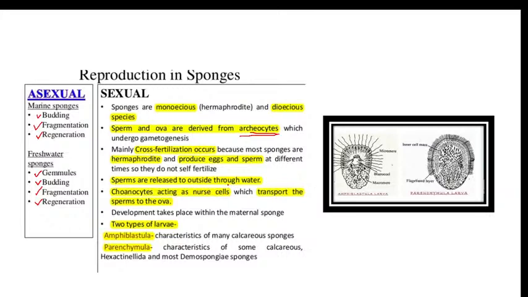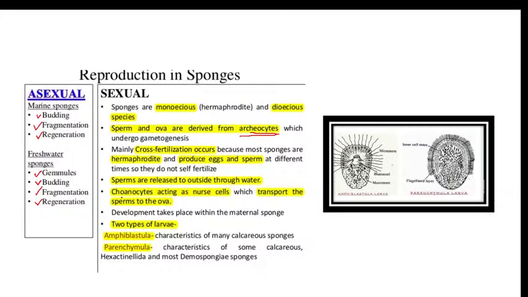As I said, along with the water going out from the spongocoel through the osculum, the sperms are released to the outside. They show external fertilization, and self-fertilization is very rare.